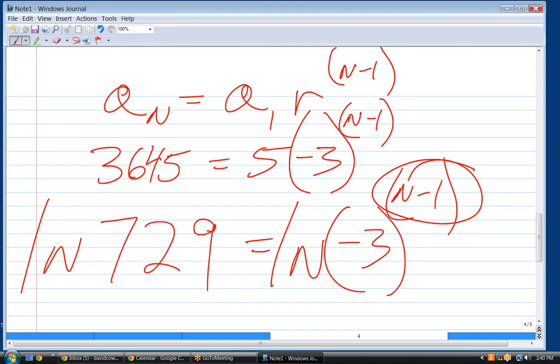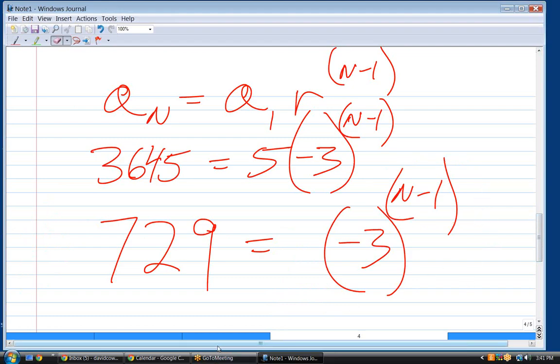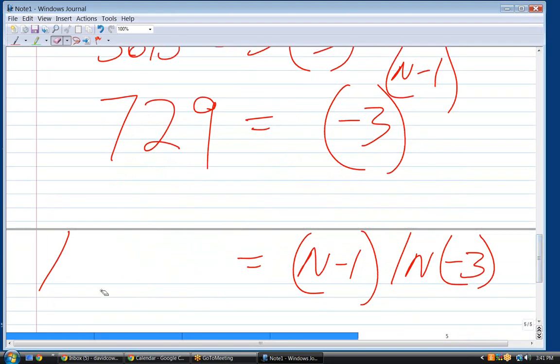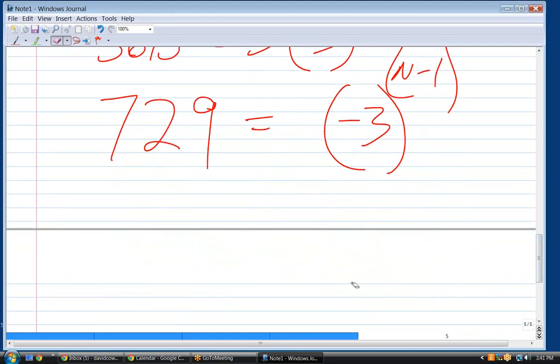Must be a way to turn that negative 3 positive so we can solve this. So let me back up to this step right here. There has to be a solution here.